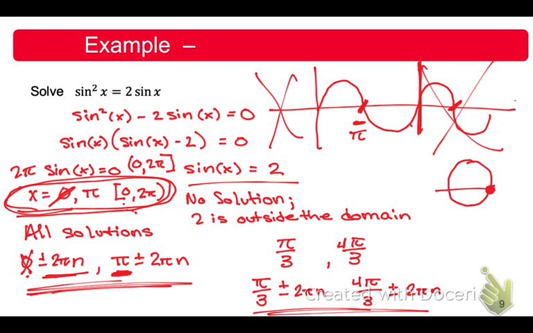Or sometimes they'll write it 0 is less than x, which is less than or equal to 2 pi. So here 2 pi is included, or I could have 0 is less than or equal to x, which is less than 2 pi. So they can write it like an inequality or interval, either one. The book usually does interval because it's easier to typeset, but either one.